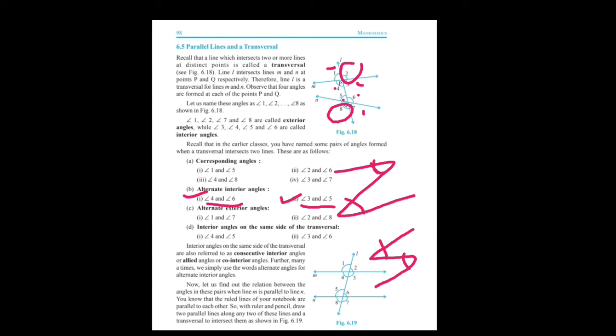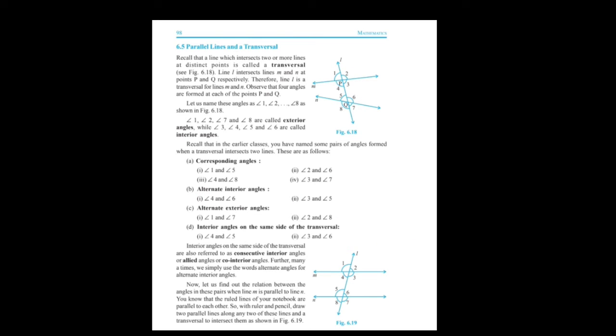And students, afterward the last pair is same side transversal interior angles. So here two lines and one transversal line. So here see the meaning of interior angles on the same side of the transversal. Interior angle, that means the angles on the inside, these angles, and same side of the transversal.